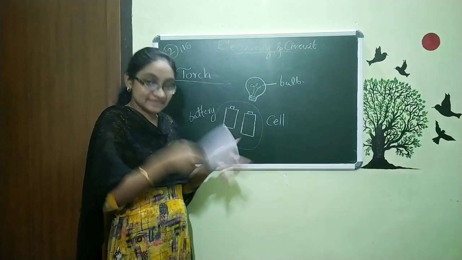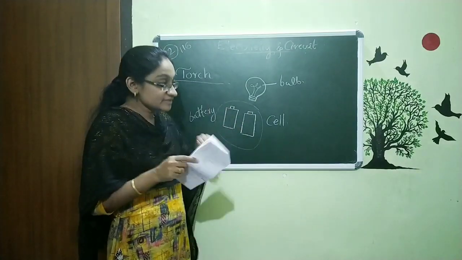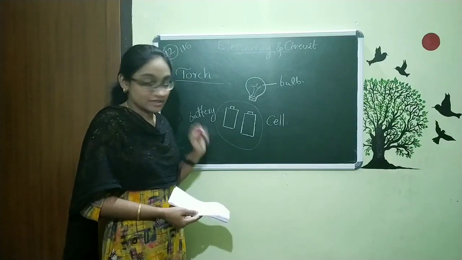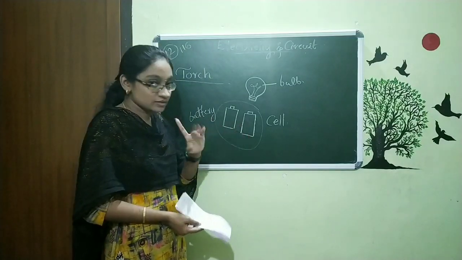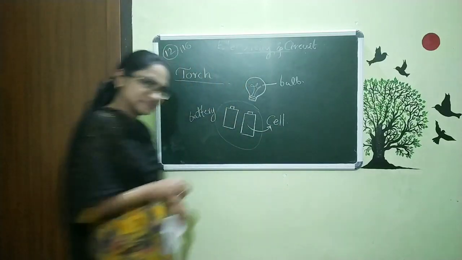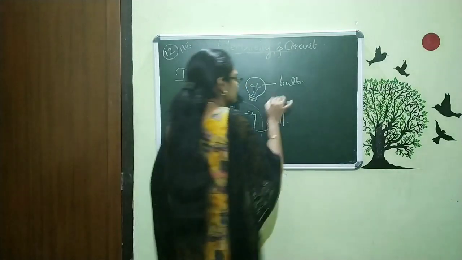When two cells, three cells, four cells, five cells combine together, then we can call it a battery. But for a single one, it's not a battery. We call it simply a cell or electric cell.